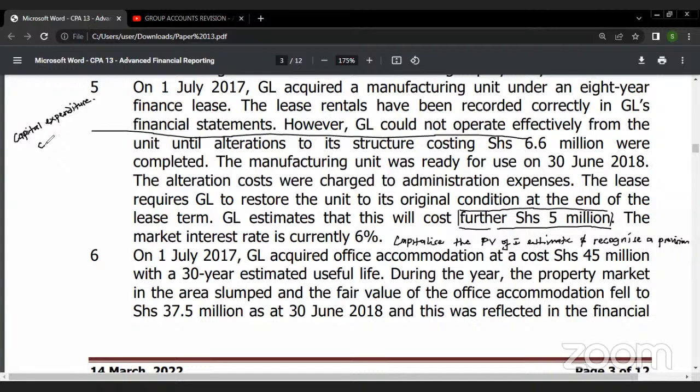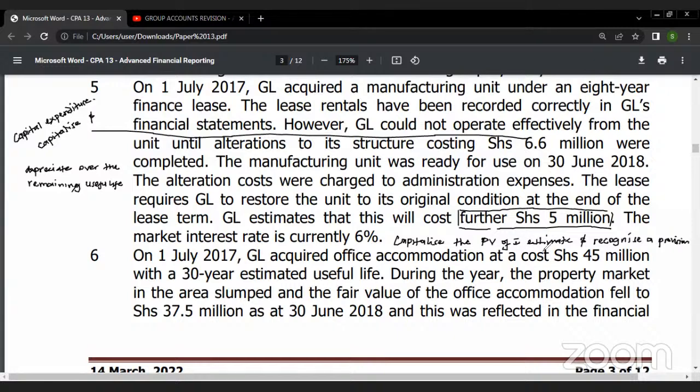So capitalize and depreciate over the remaining useful life.